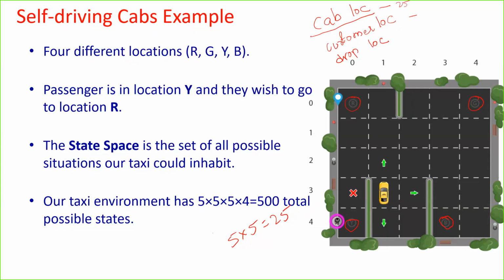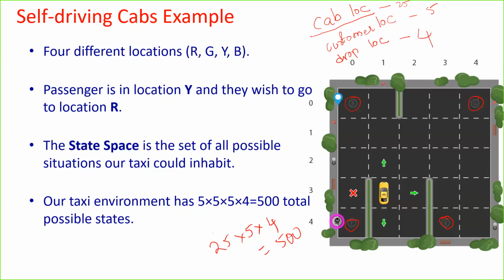So there are 5 possibilities. How many possibilities for the drop-off location? 4. So how many total possible combinations? 25 times 5 times 4, which is equivalent to 500. So there are a total of 500 possible states.